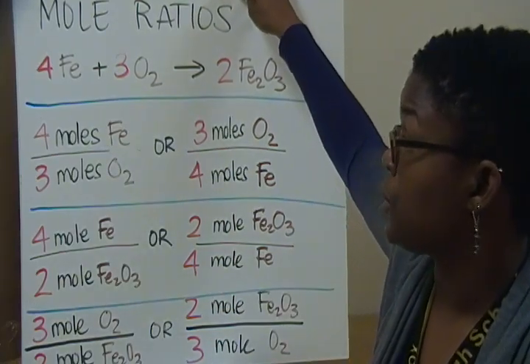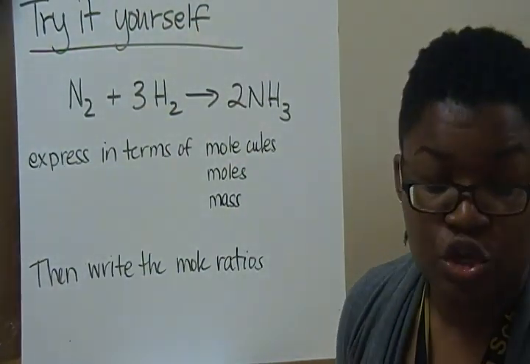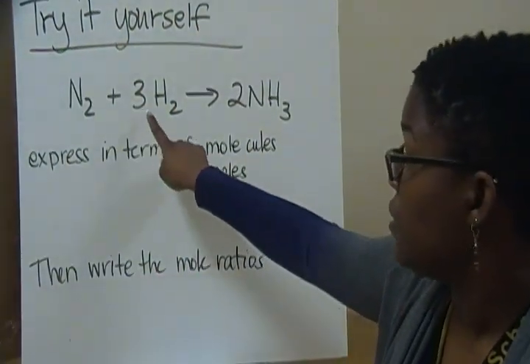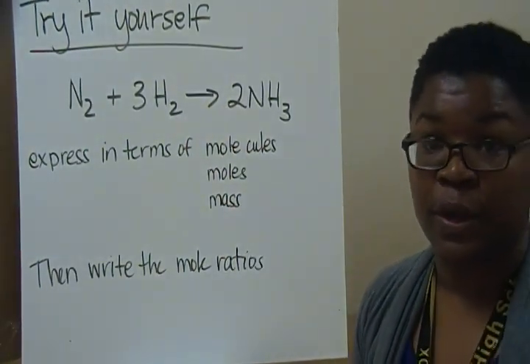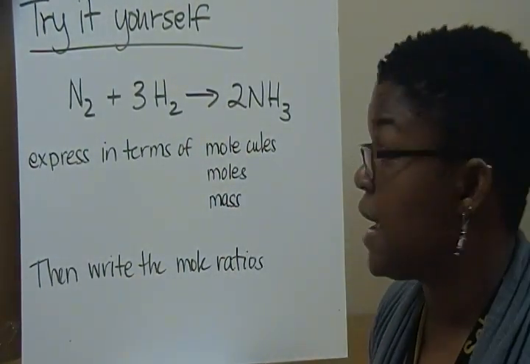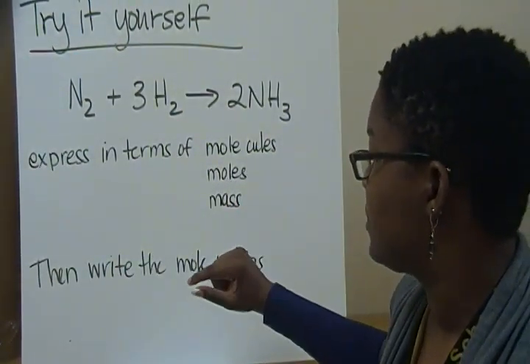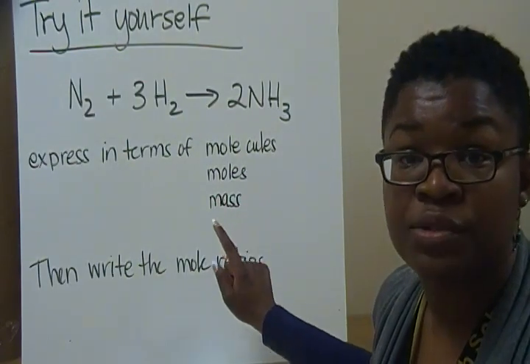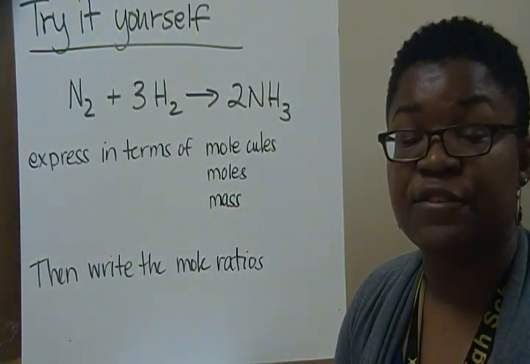But part of your notes for tonight is that I need you to try this problem. So you have 2 nitrogen plus 3 hydrogen gives you 2 ammonia, NH3. What I'd like you to do is to take this and express it in terms of molecules, moles, and mass. Now I already did that earlier in a different slide.